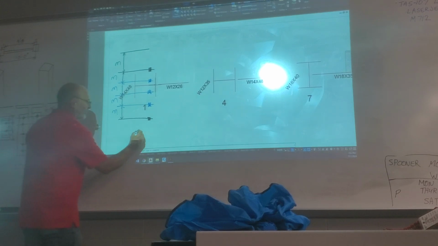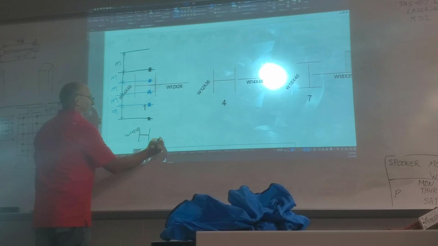Let me draw that up here. The column is a W14 by 48. The beam is a W12 by 26.